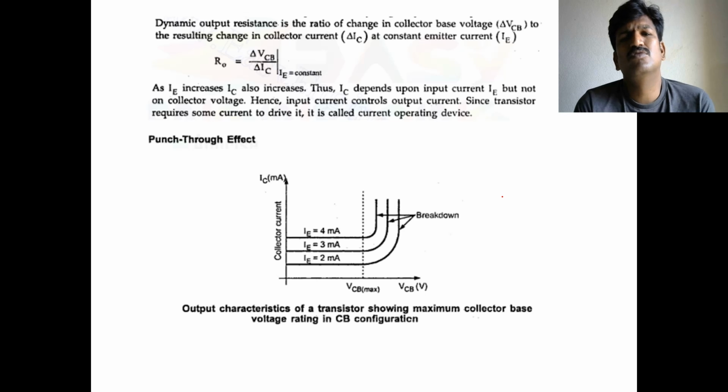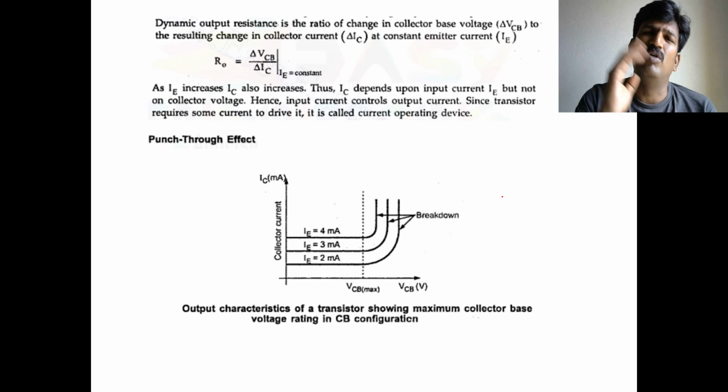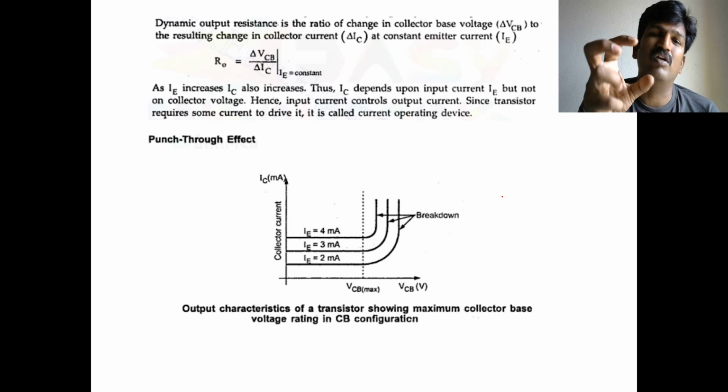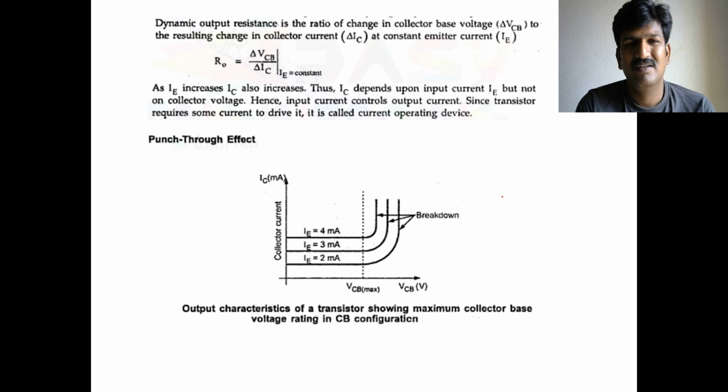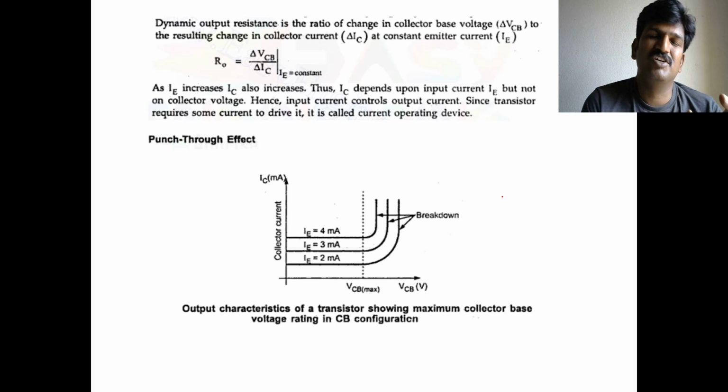Now let us go through this. Suppose VCB keeps increasing, giving more and more voltage, making the collector to base junction more and more reverse biased. What happens? We can have the breakdown of the junction. Like you know, if the reverse voltage of a PN junction diode is too high, it breaks down, so a larger current passes through the diode even in reverse bias.